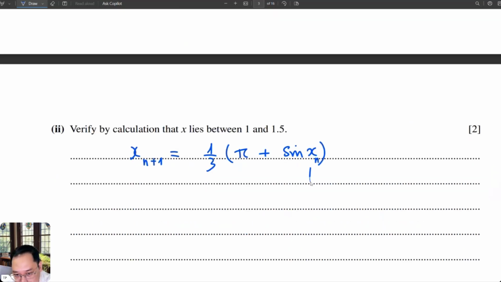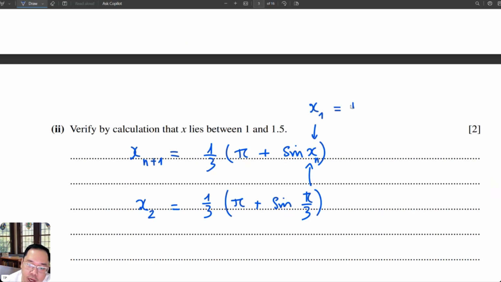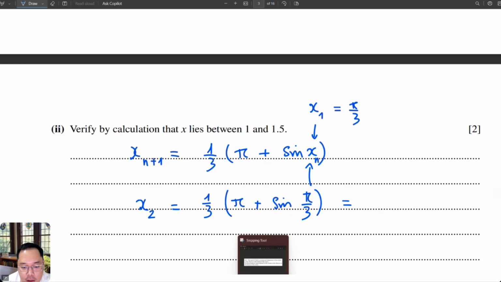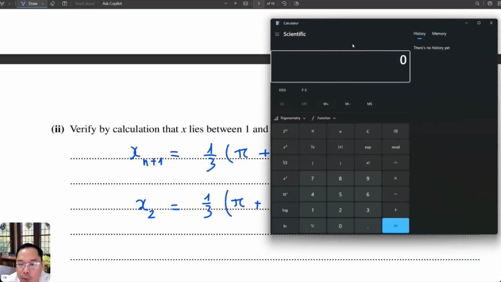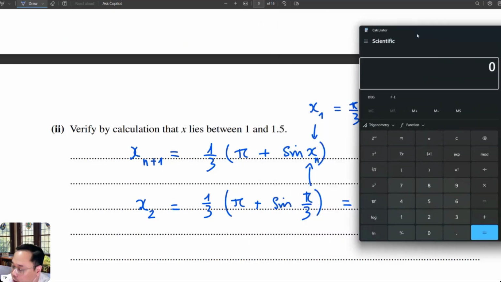So replacing x_n here with pi over 3, we have 1/3 of pi plus sine of pi over 3, and we call this the second value, and x_n here is the first value, x1 equal to pi over 3. Okay, and then use the calculator to find this value. Sine of pi over 3, 60 degrees, let's calculate that.